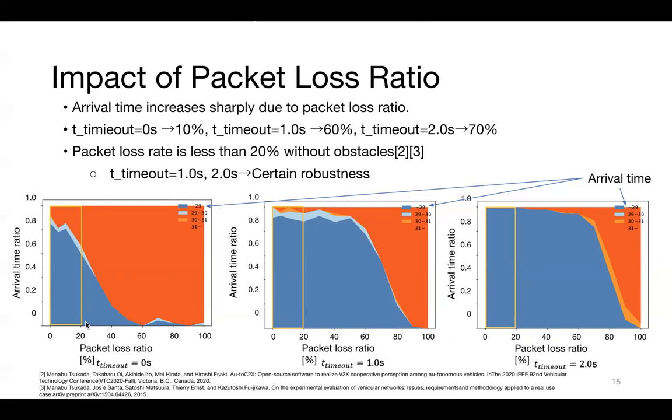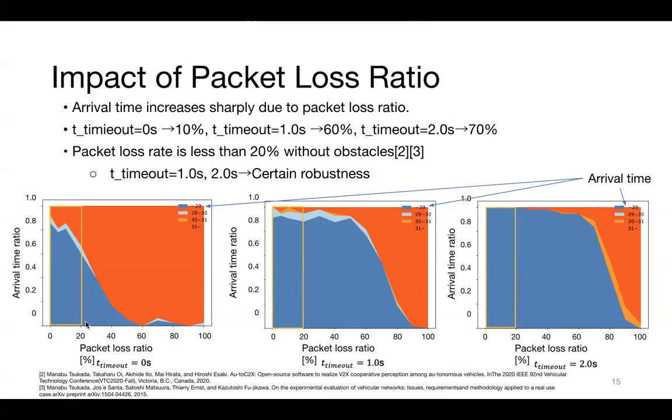From the graph, you can see that the arrival time increases rapidly as the packet loss rate increases. It can be seen that the arrival time increases sharply from 10% when the timeout time is 0 seconds, 60% when the timeout time is 1 second, and then 70% when the timeout time is 2 seconds.